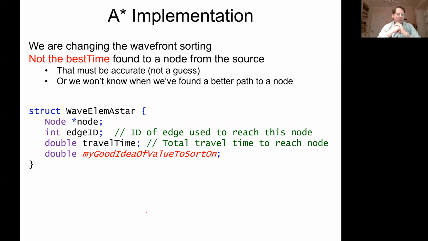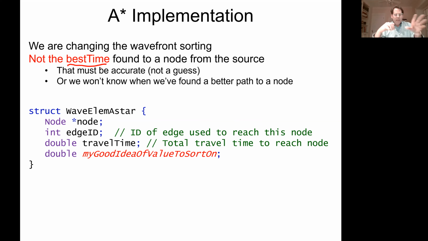So I'm going to just tell you something that I often see students do incorrectly in the lab. We're changing the wavefront sorting. We are not changing the best time that has been found to some node from the source. Remember, we're using the best time to decide, is this the best path we've ever seen to a certain node, or have we already seen better paths?